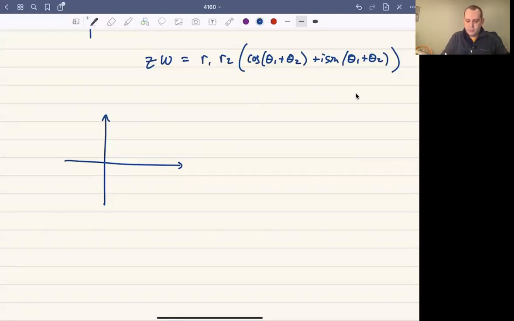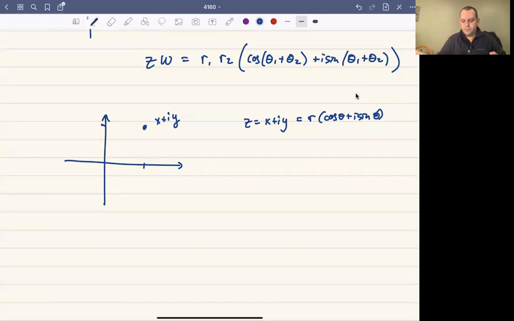If you were to take some number, say x plus iy, so z is x plus iy, or you can write it in polar form, r times cos theta plus i sine theta, then a few things just to talk about. r is the distance from the origin to this complex number, and theta is the angle that it makes. If you were to draw that line segment, it's the angle that that line segment makes with the x-axis or the real axis. Okay, so that's theta.